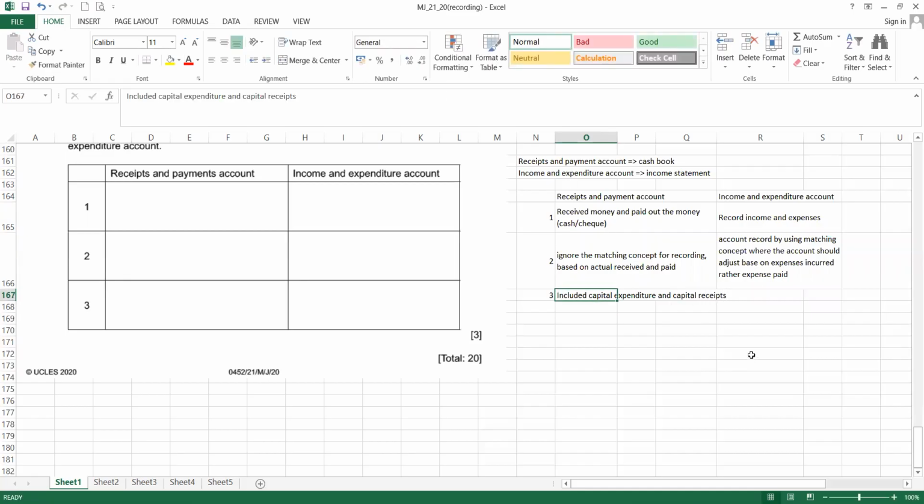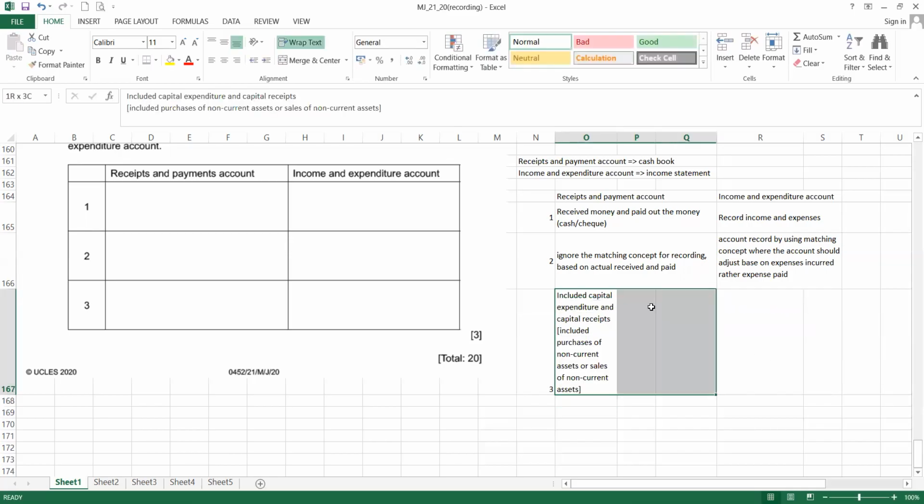Okay, this is what I mean by what I put in here second. Included the purchase of non-current asset or sales of non-current asset. So that is one of the points you can talk about.